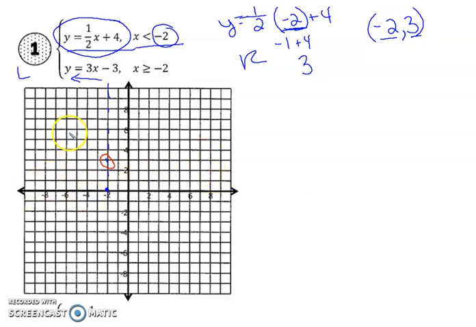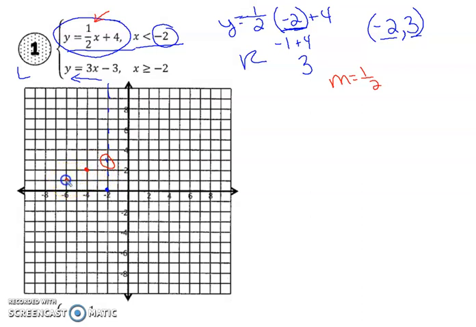You can do one of two things. You can pick another thing and plug it in for x, which I usually don't do. Or you can think about, what is the slope of this? 1/2 is that slope. So I don't want to go up 1/2 because that would be taking me into the bigger side. So I need to go down 1, backwards 2.